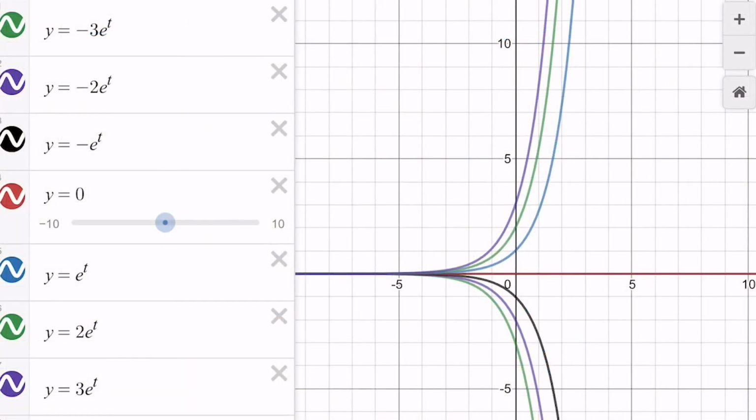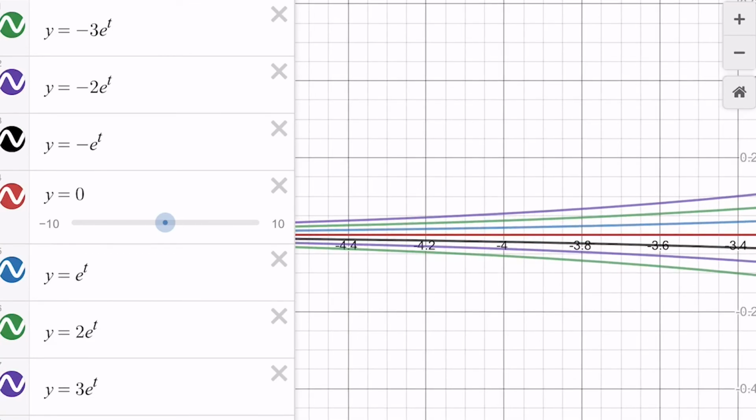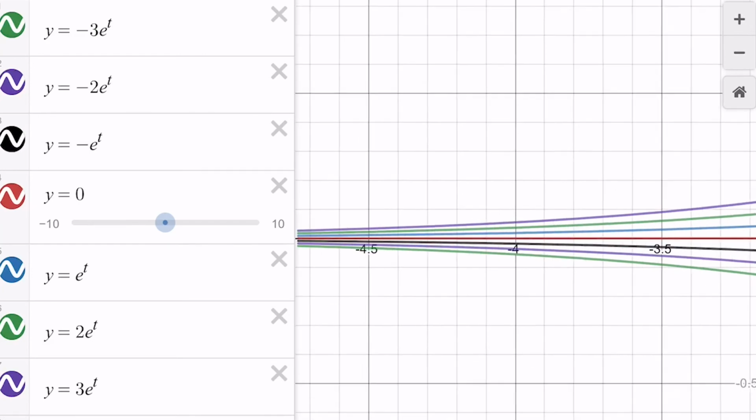All right, so here are a few different particular solutions generated from that family of solutions. So these are just y equals some coefficient times e to the t, including y equals 0. And again, I want to just stress that these curves do not intersect. So even if you zoom in, they're not actually going to touch each other, right?